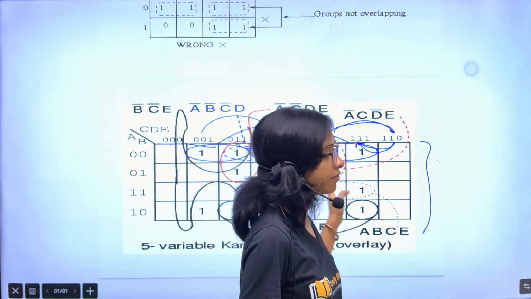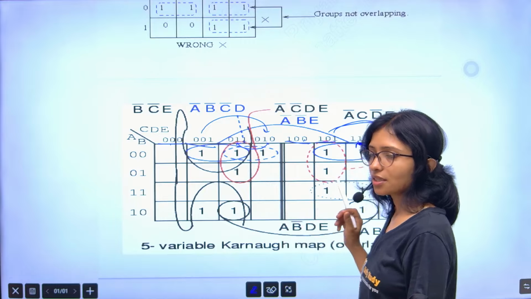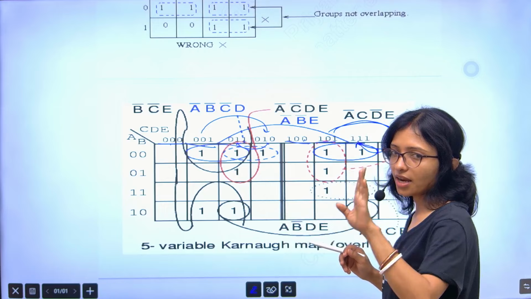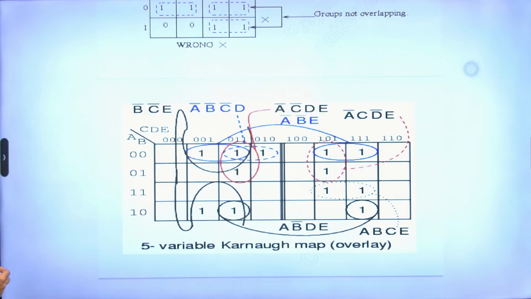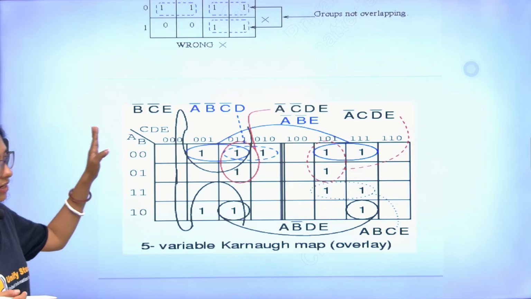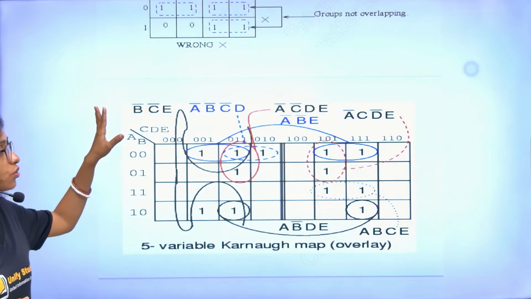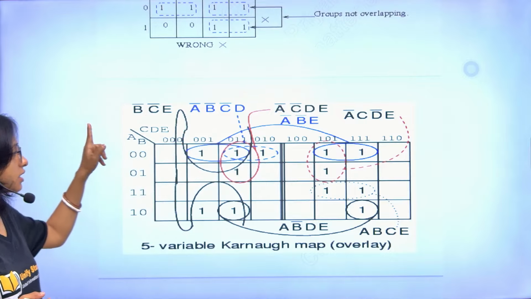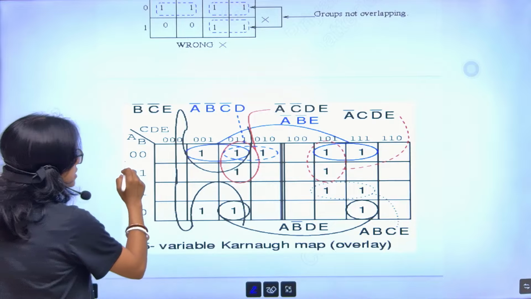Those who are preparing for Telangana SET, for them it is important. They are not asking with 4 variables, they are asking 5 variables. Other than that, in UGC NET or other SET exams I did not see that much, but others also, at least practice one time with 5 variables, so that you know the rule and what the cell values are.